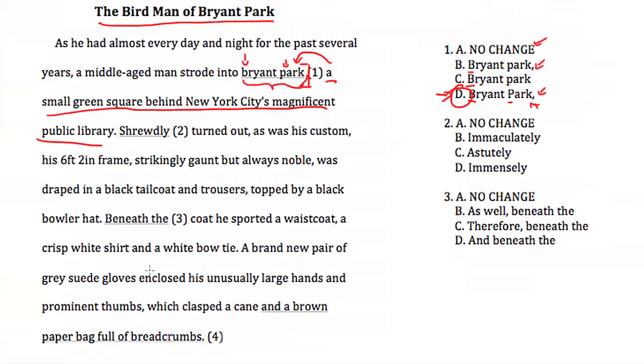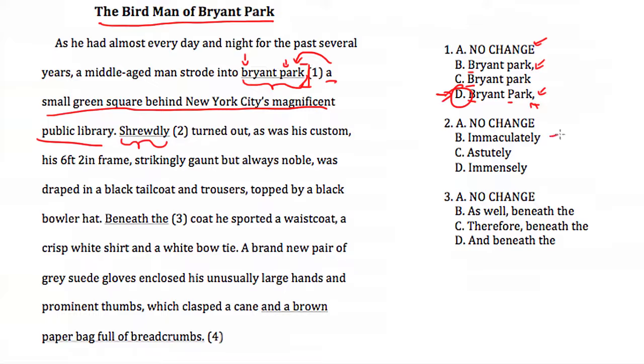Question 2 comes in the first word of the very next sentence. It's about this word shrewdly. Shrewdly, it turned out, as was his custom, his 6-foot 2-inch frame, strikingly gaunt but always noble, was draped in a black tailcoat and trousers, topped by a black bowler hat. Now we can leave shrewdly there.